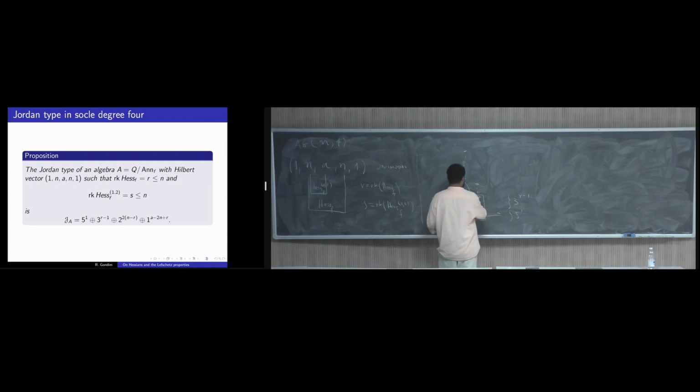So here we must have a symmetric 5, 1, 3, R minus 1.